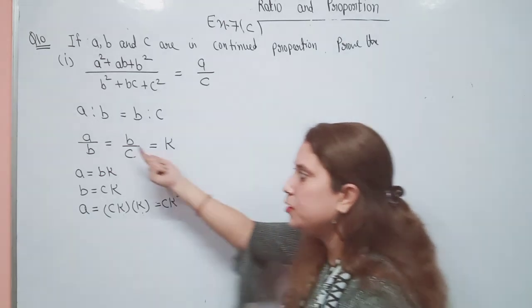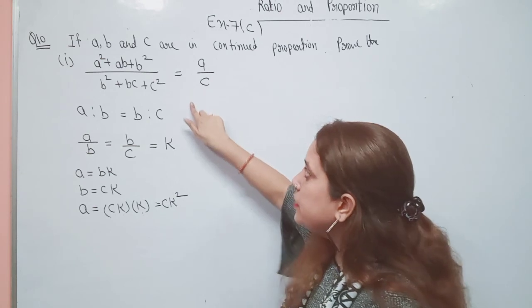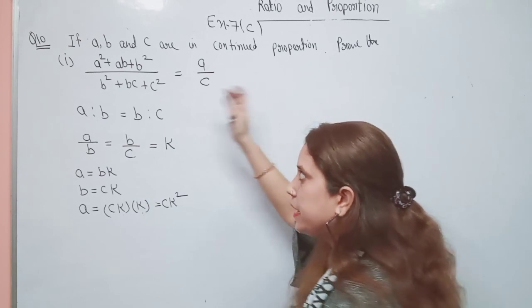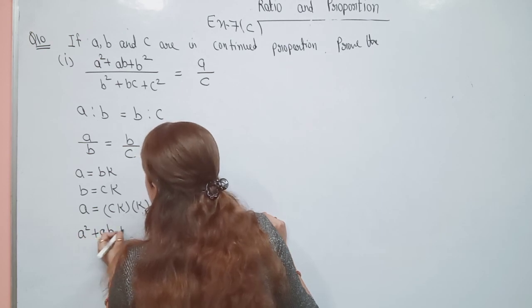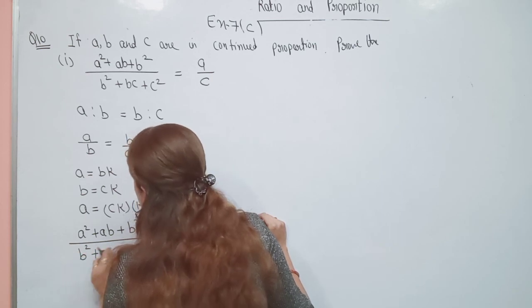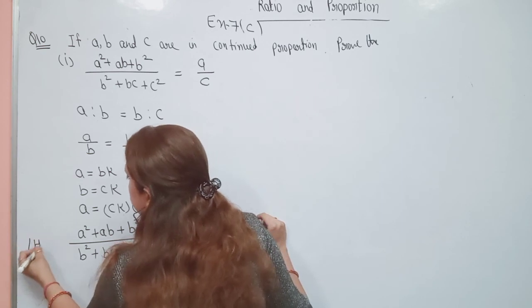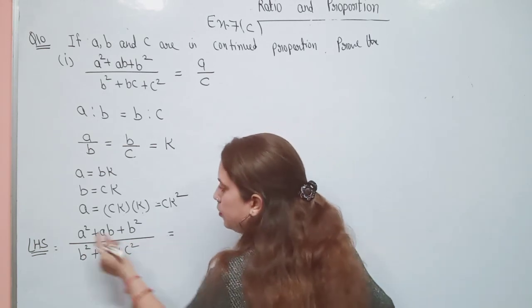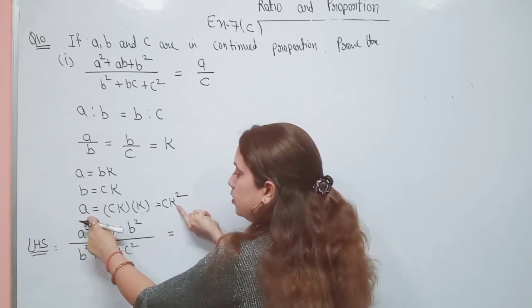It is given, it's continued proportion. So first we find the value of A and B in terms of C. After that, first we solve for the left hand side and after that we solve for the right hand side. So what is the left hand side? A square plus AB plus B square upon B square plus BC plus C square. Take left hand side. Now put the value of A and B. What is the value of A square? The value of A in terms of C, A is equal to CK square.